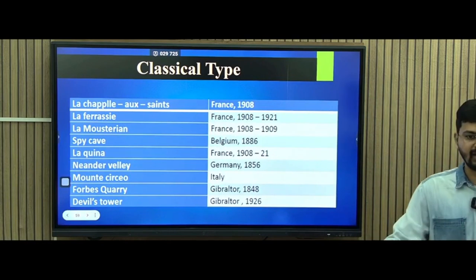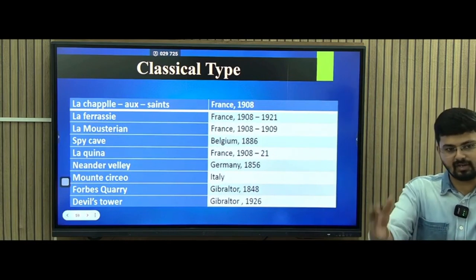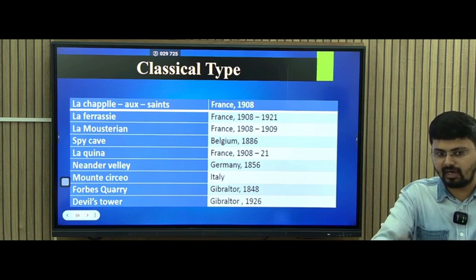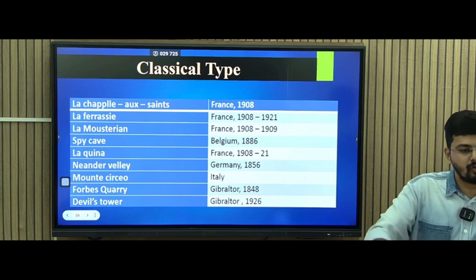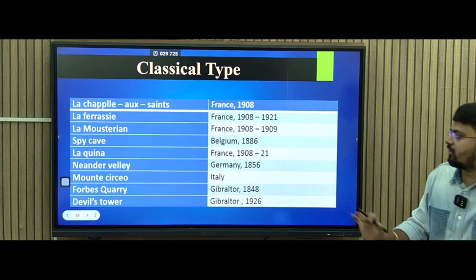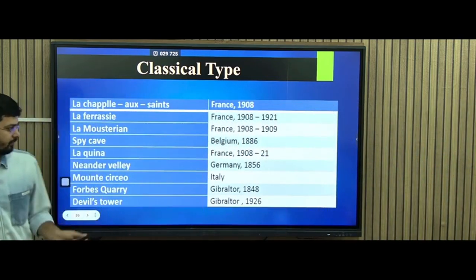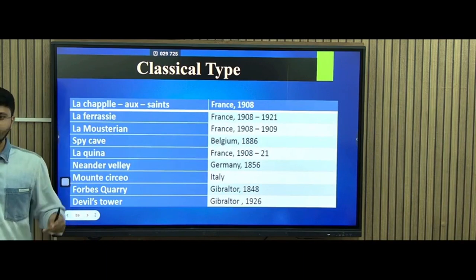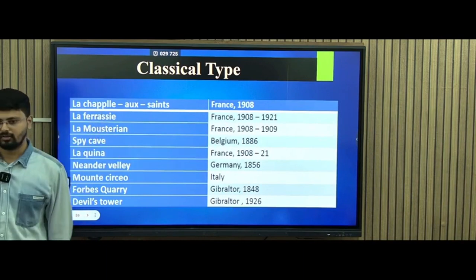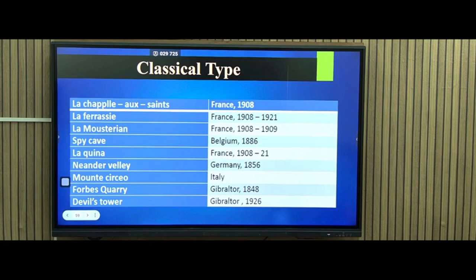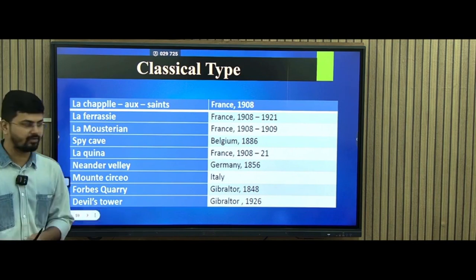In the west, at Mount Carmel, you find fossils that are placed under the progressive ones. So all the classical type you found near La Chapelle-aux-Saints, and all the progressive ones you found near Mount Carmel. Based on that they try to classify.